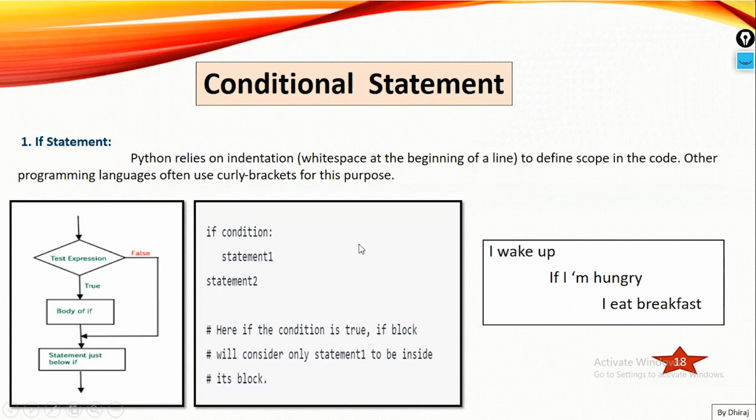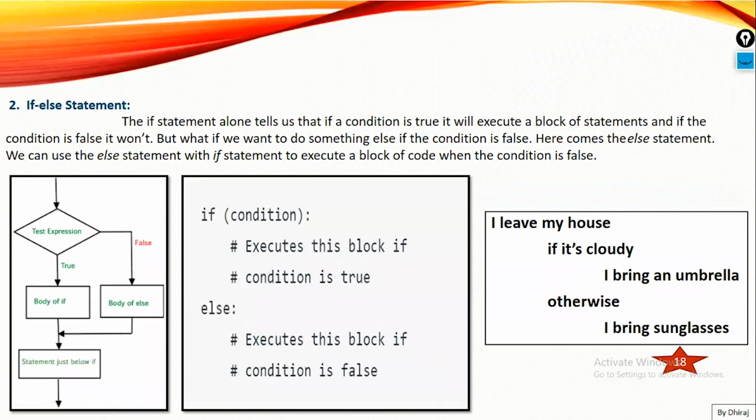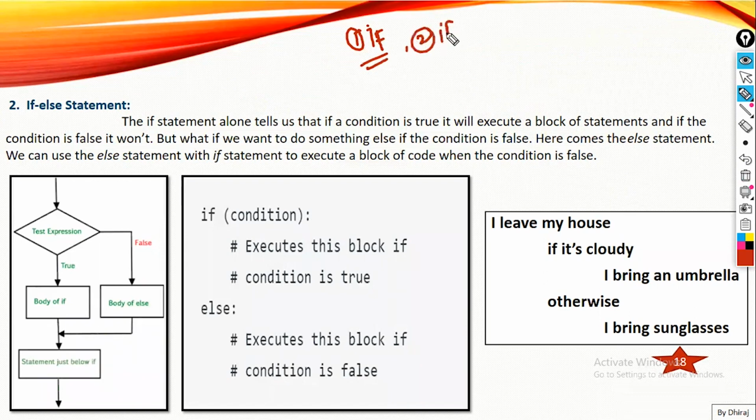Now let's move towards another condition named the if else statement. So first we have seen the if statement. Now how does the if else statement work? Let's take an example. When I leave my house, if it is cloudy, I'll bring an umbrella. Otherwise, I'll bring sunglasses. So I am specifying the exact condition.